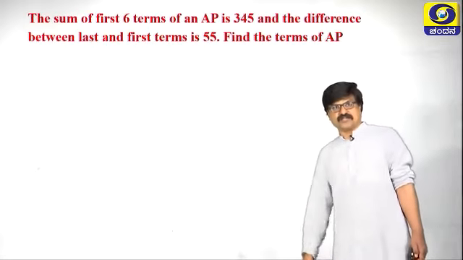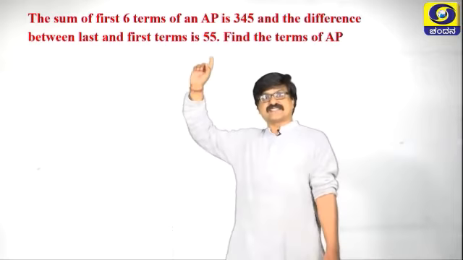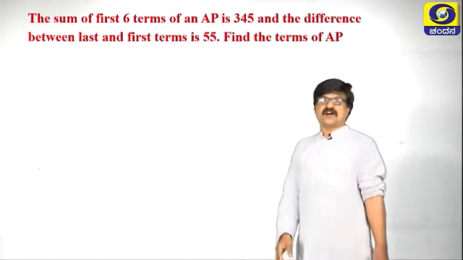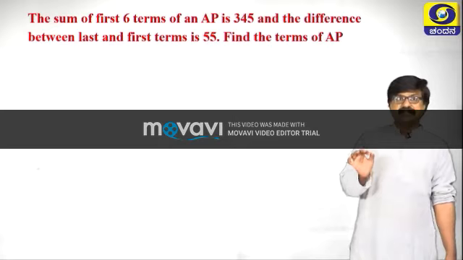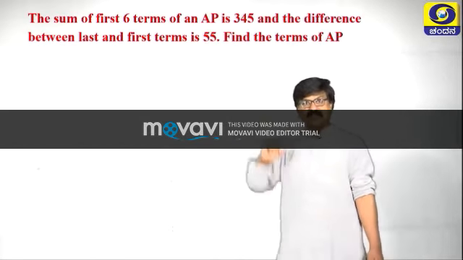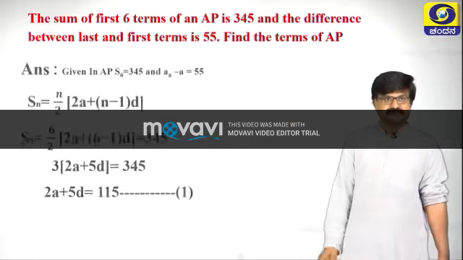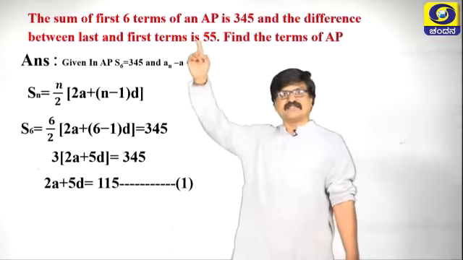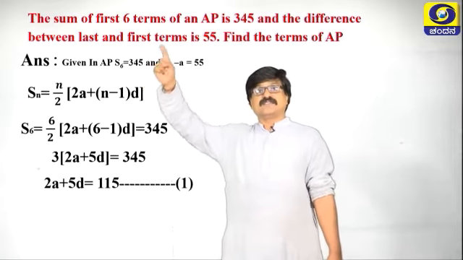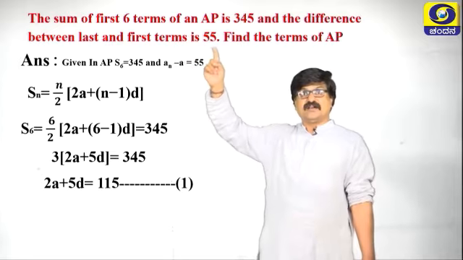Let us take one more, another problem. The sum of first 6 terms of an AP is 345 and the difference between the last and first term is 55. Find the terms of the AP. I think I am taking directly, because the AP is not given. Sum of 6 terms means S6 is 345.